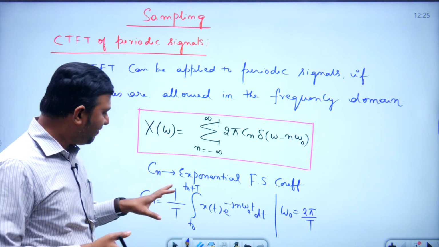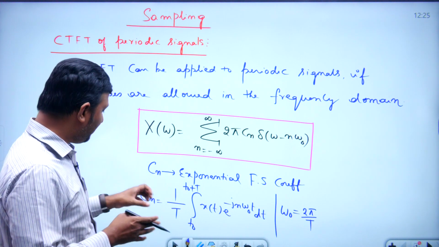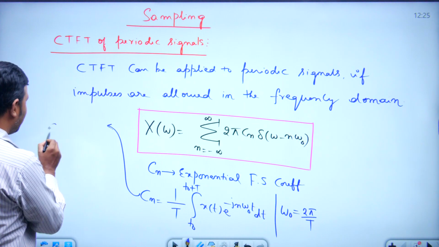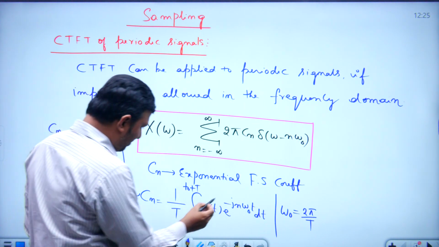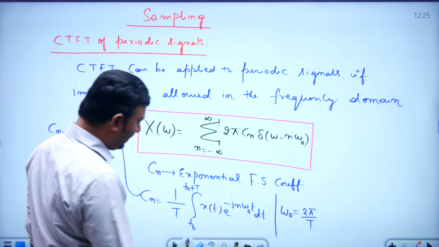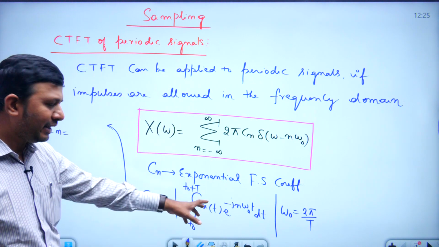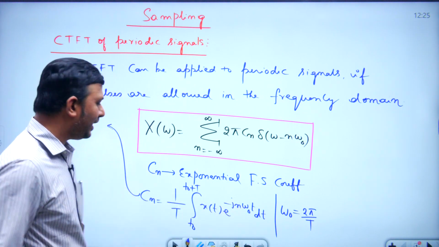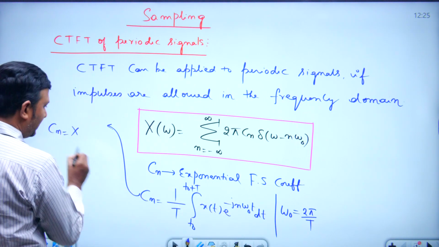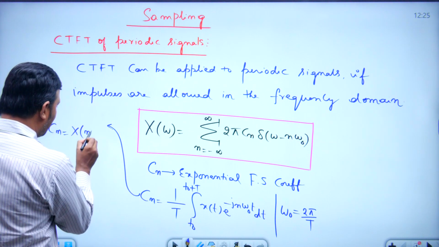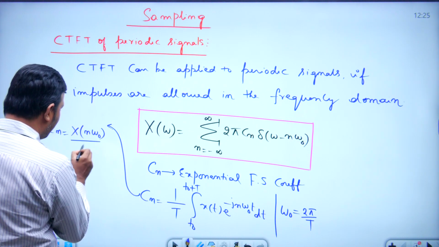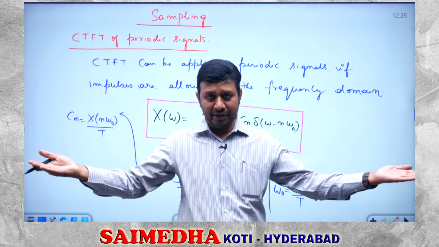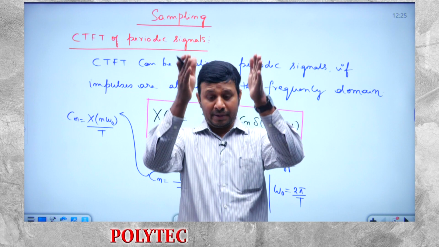And is there any easier way to find the value of Cn? Yes. Here, if you observe this integral, it looks like a Fourier transform, yes or no? But in the place of omega, I have n omega naught. So, I can write this integral as capital X of n omega naught divided by T. So, if you are given a periodic signal, select one proper period.